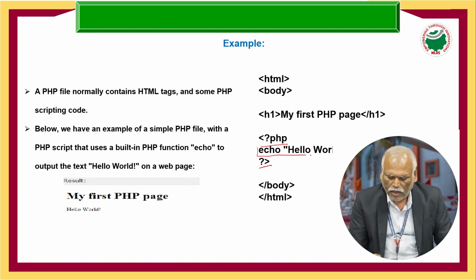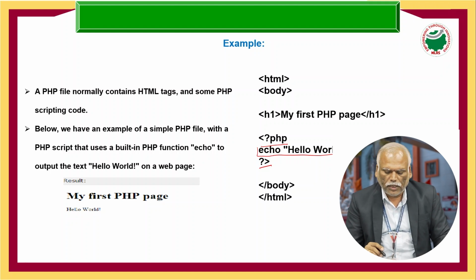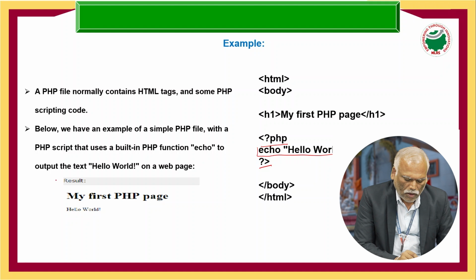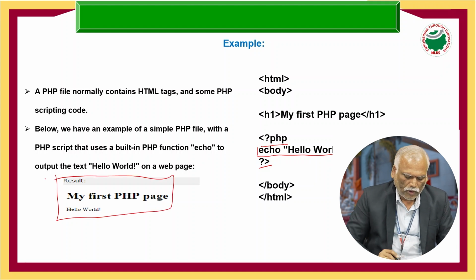In between we have written the code echo hello world, which simply displays the string of characters in the output with the echo function. This is how it will be displayed in the output.